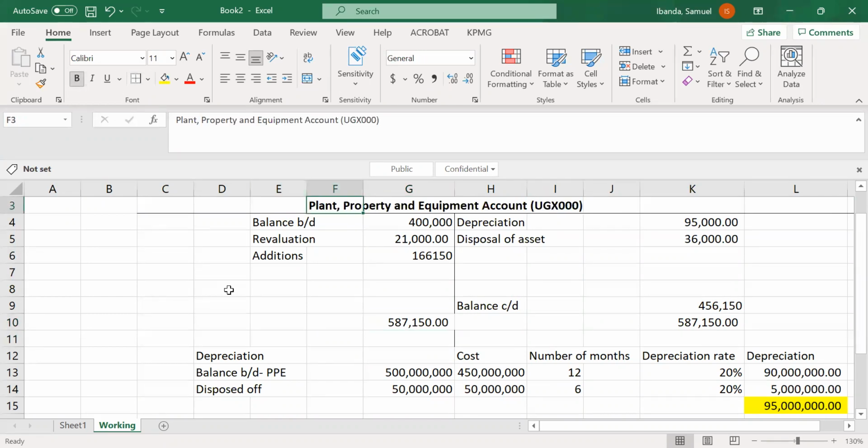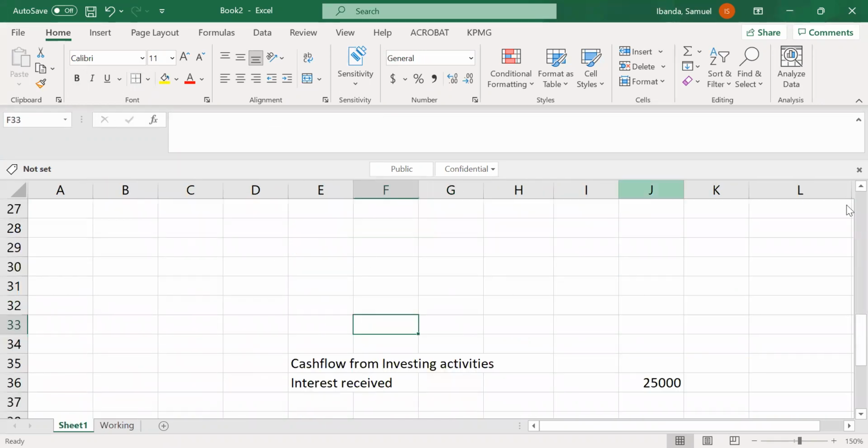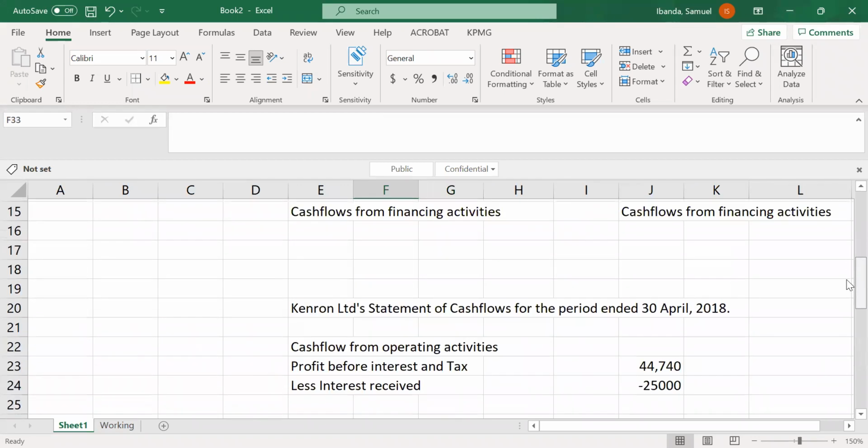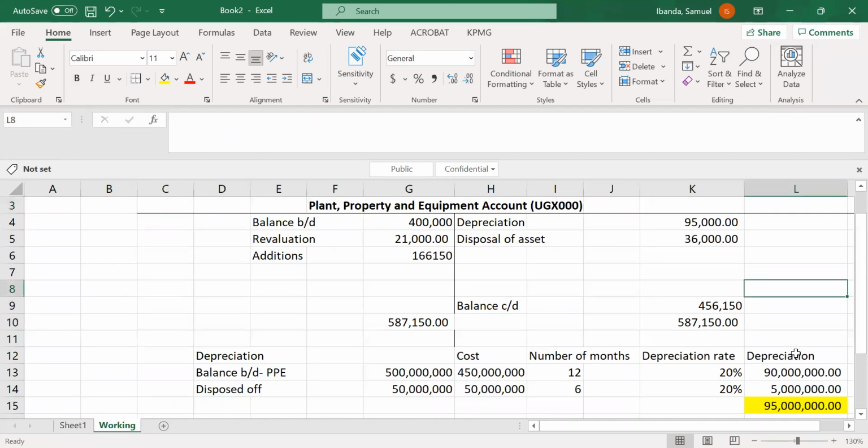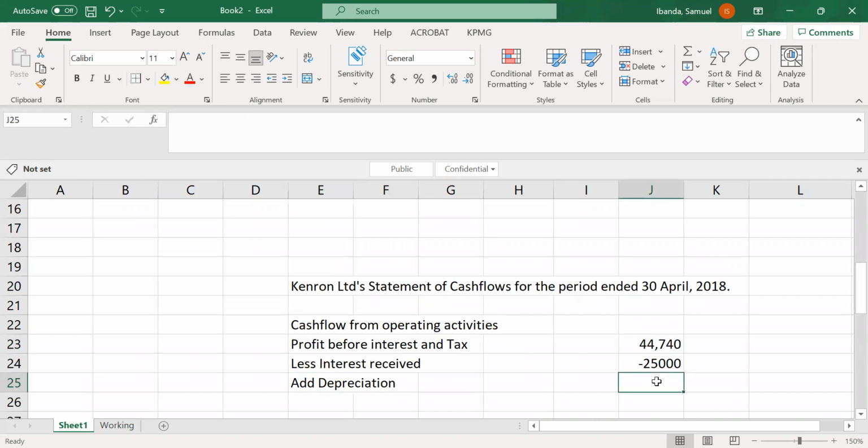Now back to my cash flow. Those calculations are important. We are going to use them. So one of the things that I'm going to add back is depreciation, which I've gotten. So my depreciation is 95. So I'll just call this 95,000.